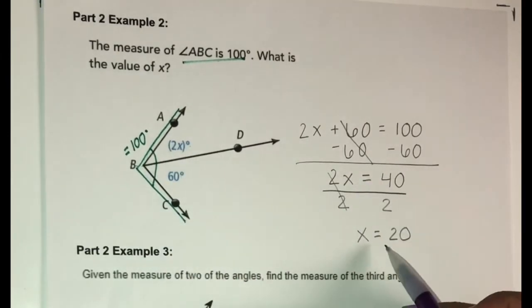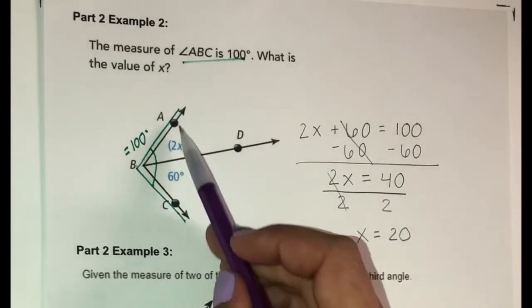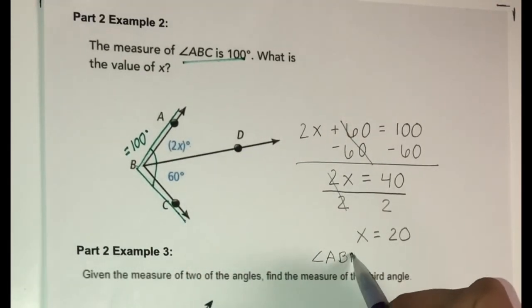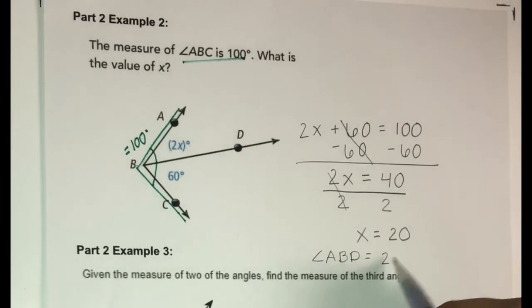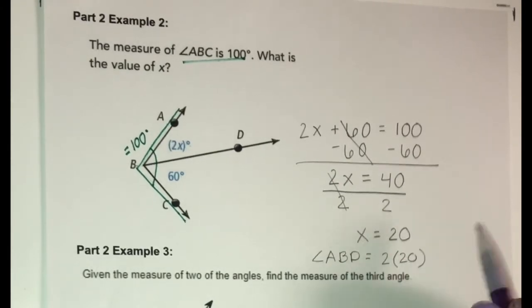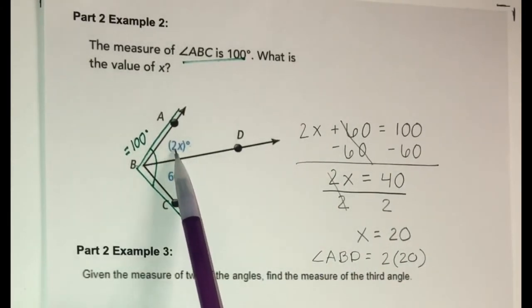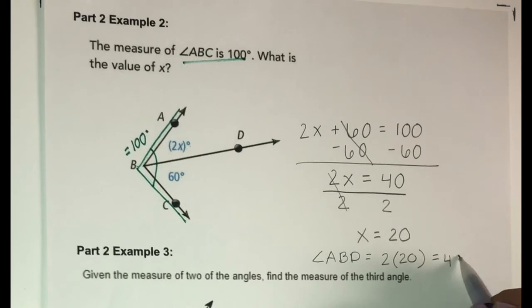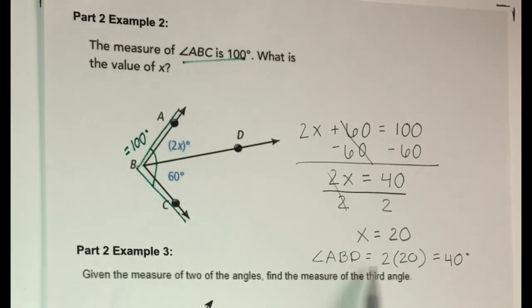So the measure of angle ABD is equal to 2 times 20, because the measure was 2x, 2 times the value of x, which is 20, gives us 40 degrees. They didn't ask for that, we just had to find the value of x, but that's just a little bit extra work.